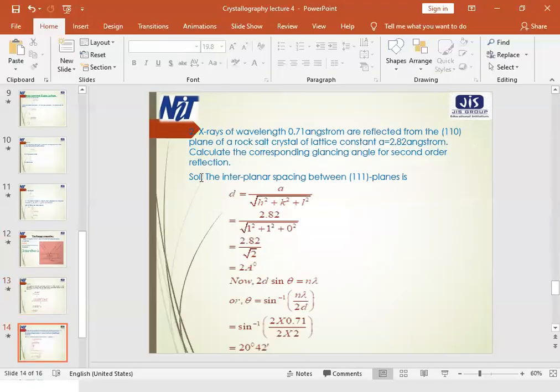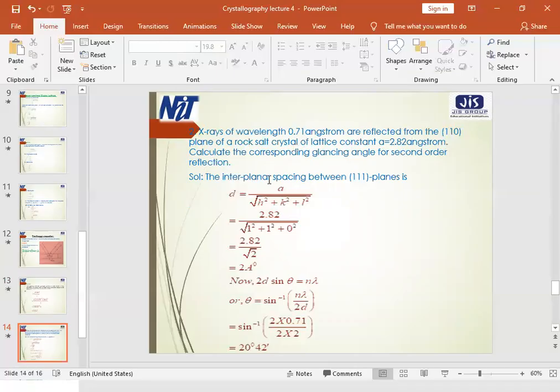Now let us take another example. X-rays of wavelength 0.71 angstrom are reflected from the 110 plane of a rock salt crystal of lattice constant a equal to 2.82 angstrom. Calculate the corresponding glancing angle for second order reflection. So here we have to calculate the glancing angle for second order reflection, that is n equal to 2. Wavelength lambda is given as 0.71 into 10 power minus 10 meter, because it is in angstrom.